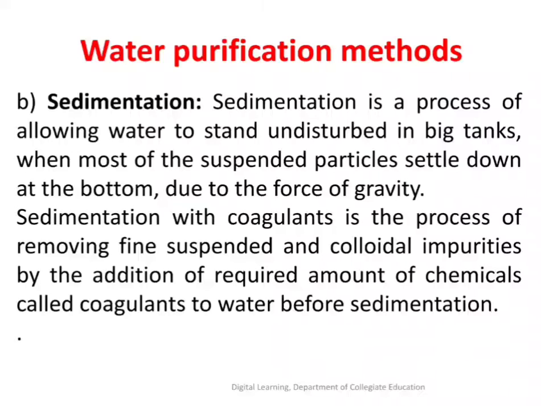The next method is sedimentation. Sedimentation is a process of allowing water to stand undisturbed in big tanks, when most of the suspended particles settle down at the bottom due to the force of gravity.